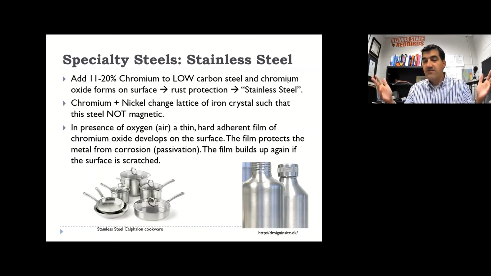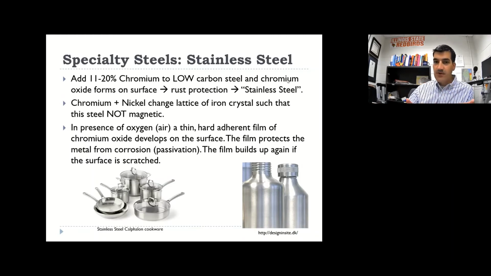So when you leave your basic iron or steel out in the rain, out in the elements for a while, you know that you're going to get a rusty piece of iron. And eventually if you leave it out there long enough, it's just going to fall apart because all of that iron has been converted into iron oxide, and the iron oxide peels away. It's no longer part of that lattice structure.